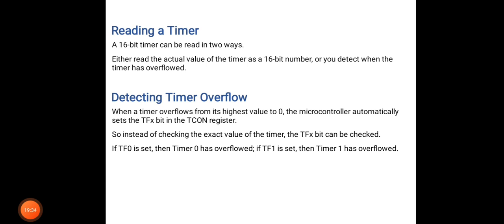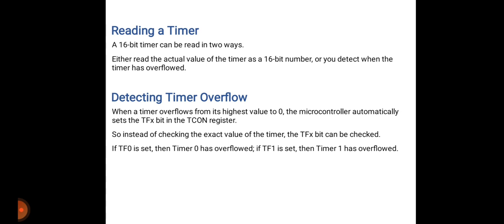Then reading a timer. A 16-bit timer can be read in two ways: either by reading its actual value as a 16-bit number, or by detecting when the timer has overflowed. Detecting timer overflow means, when the timer overflows from its highest value to 0, the microcontroller automatically sets the TFX bit in the TCON register.